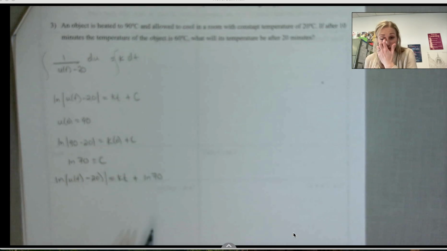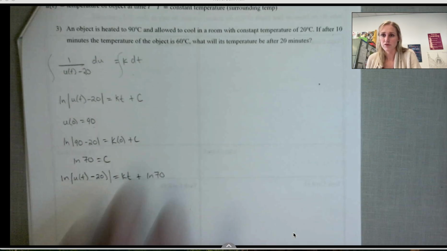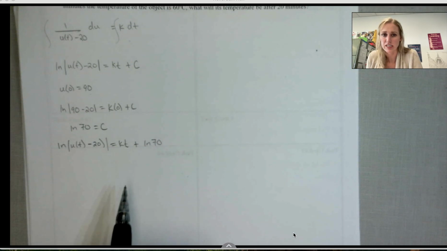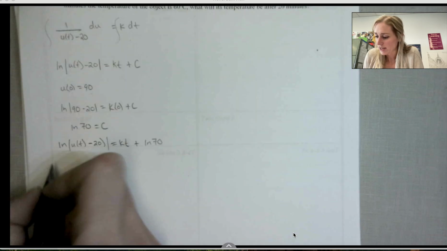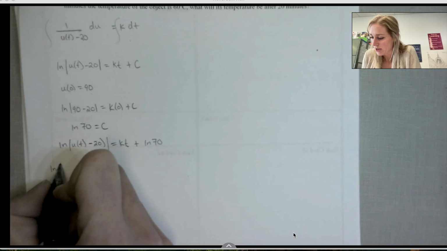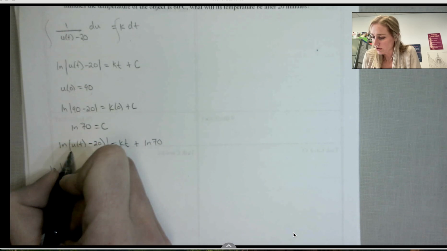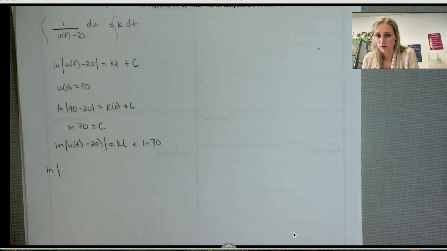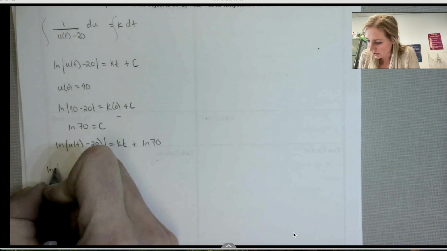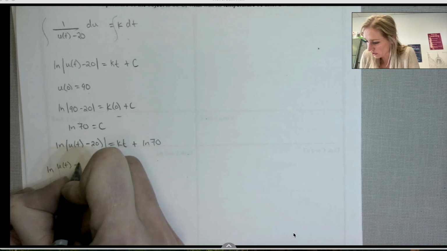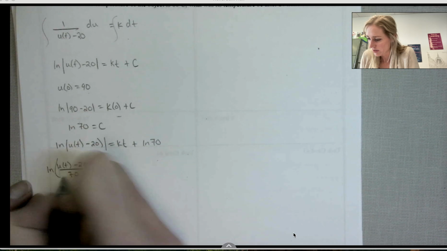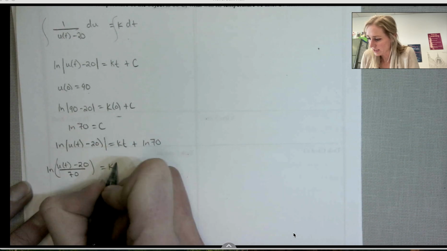Again, I'm going to rearrange this a little bit, you guys, because you will see Newton's solutions in a different form, where we're solving for u of t. So I'm going to go ahead and move my natural log to the same side so I can condense them. If I subtract that to the other side, I can condense the subtraction through division. Okay, so we've got u of t minus 20 over 70 equals kt.